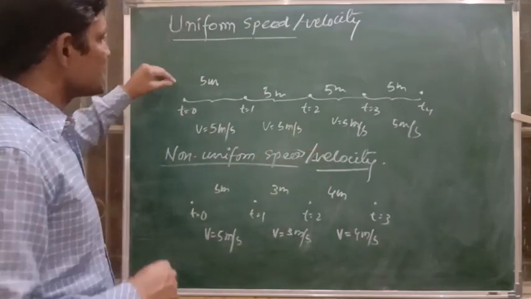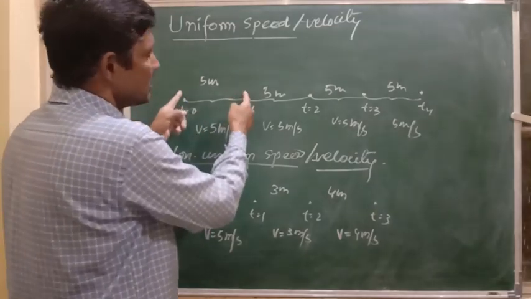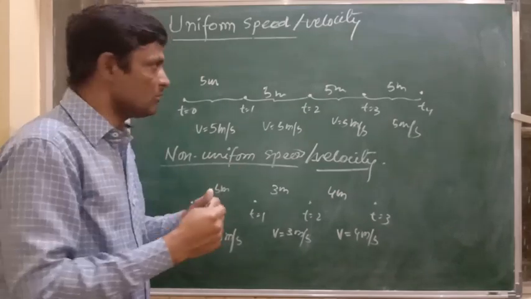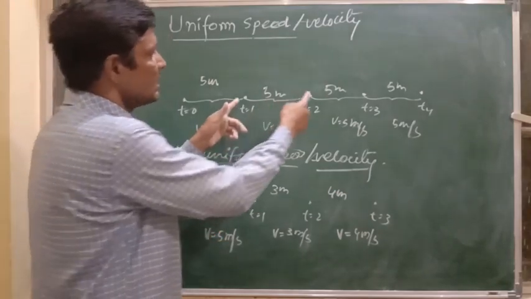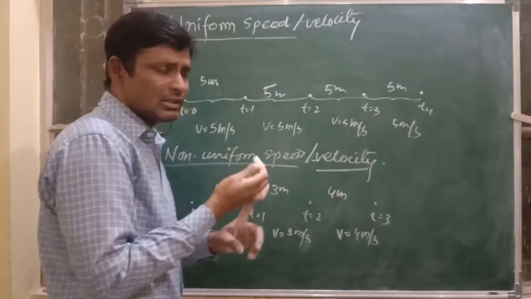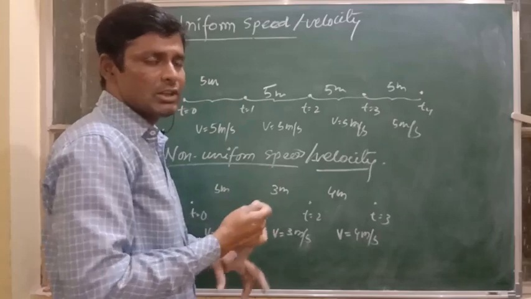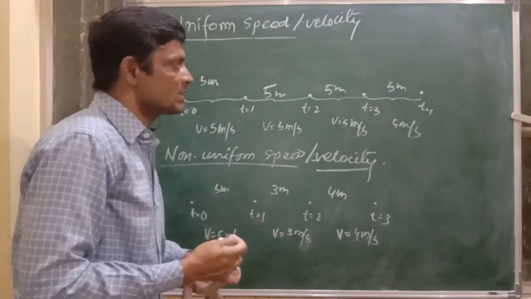First of all, you can see an object in the first second travels 5 meters. So its speed was 5 meter per second. In the second, again it travels 5 meters. So what is the distance or displacement covered in 1 second? That is 5 meters. So its speed or its velocity is 5 meter per second.